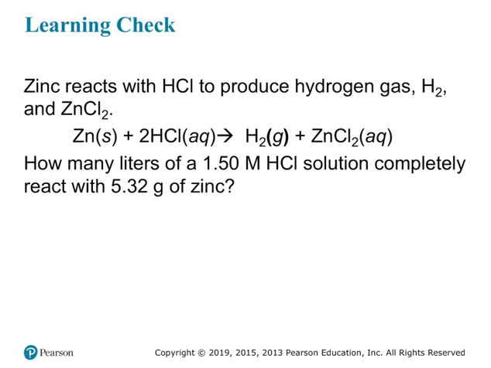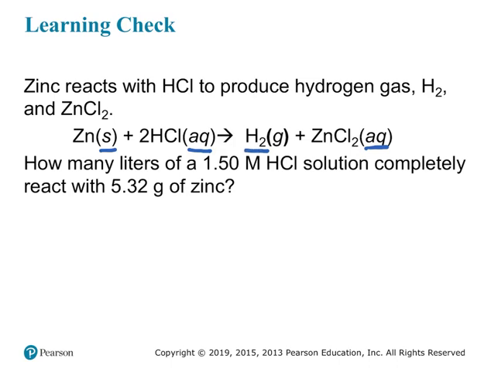Let's say that zinc reacts with hydrochloric acid to produce hydrogen gas, H2, and zinc chloride, ZnCl2. Notice that there are aqueous solutions here. We have hydrochloric acid and zinc chloride, but we also have a solid, zinc, and a gas, hydrogen.